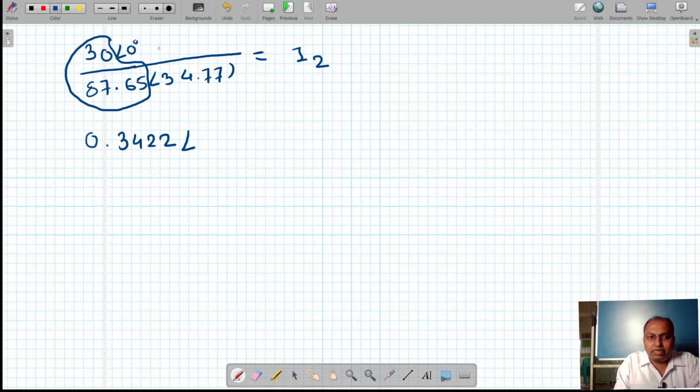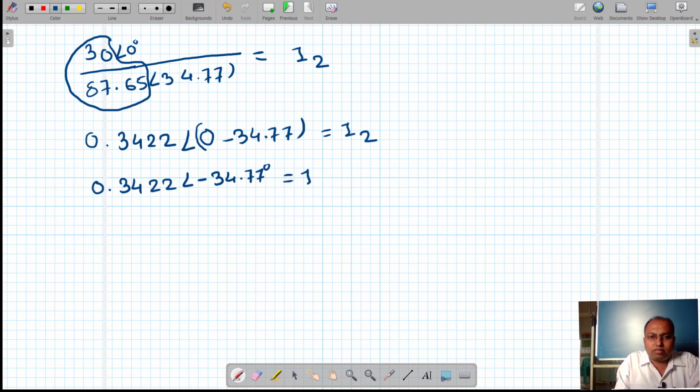Whenever there is a division of angles, you subtract, so 0 minus 34.77. Remember that whenever angles are there, you need to subtract in case of division, and if it is multiplication, you need to add. Okay, so the final value will be 0.3422 and angle is minus 34.77 degrees. This is the value of I2. So remember this value of I2.